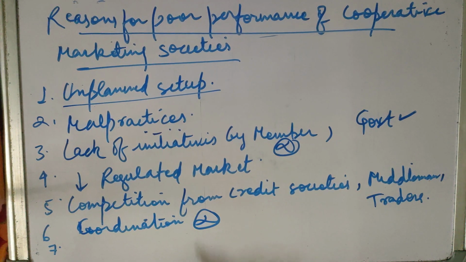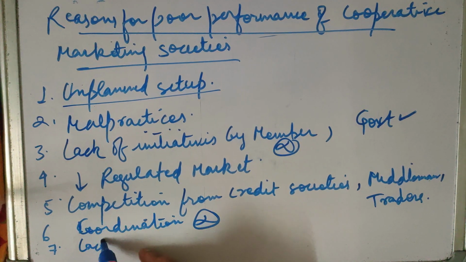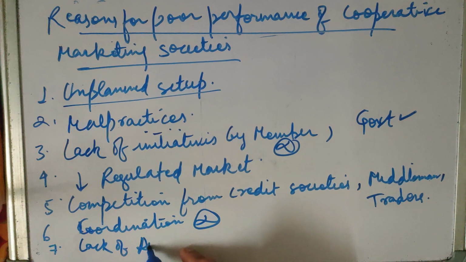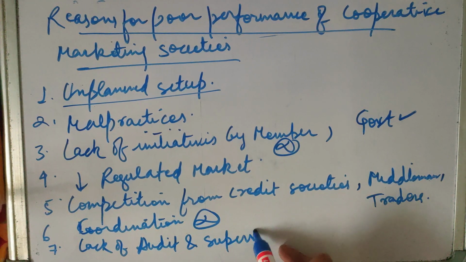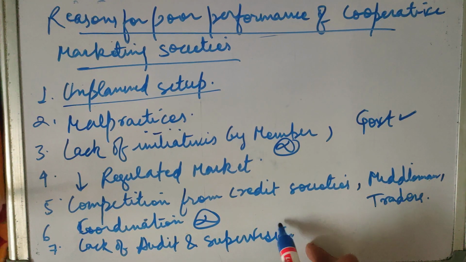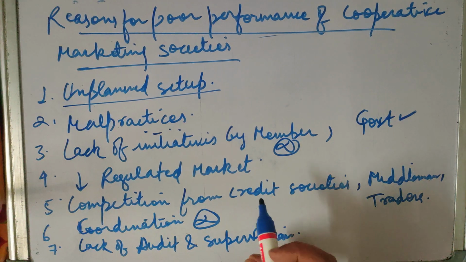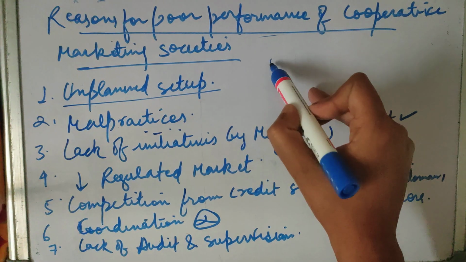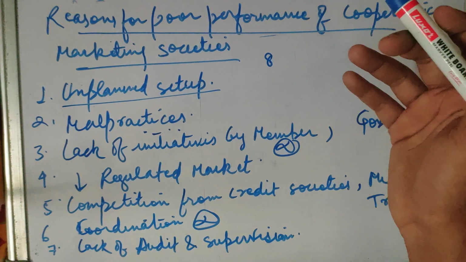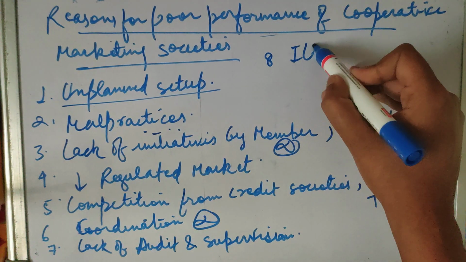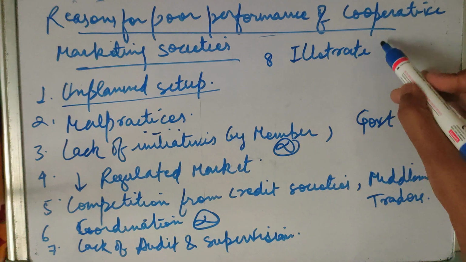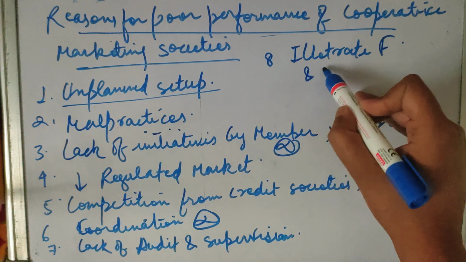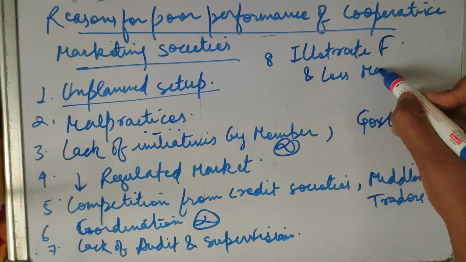Lack of audit and supervision. Illiterate farmers and less marketable surplus. The farmers are not much educated in India, and there is also less marketable surplus.